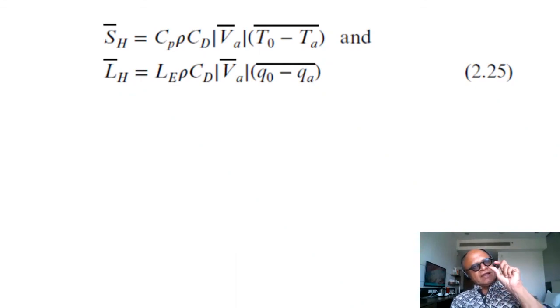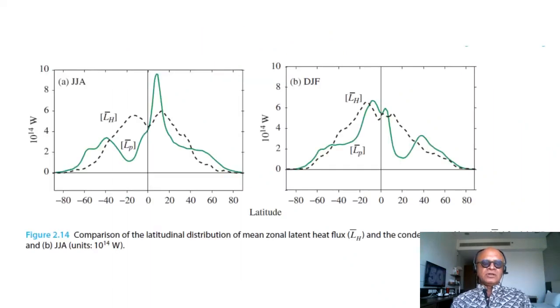So that gradient of humidity, the saturation humidity at that sea surface temperature and the air humidity that's present, is going to determine the latent heat exchange. Obviously this is a nonlinear function of temperature, so latent heat is much more of a nonlinear energy exchange than sensible heat, which is a linear function in this case of wind speed and temperature difference.